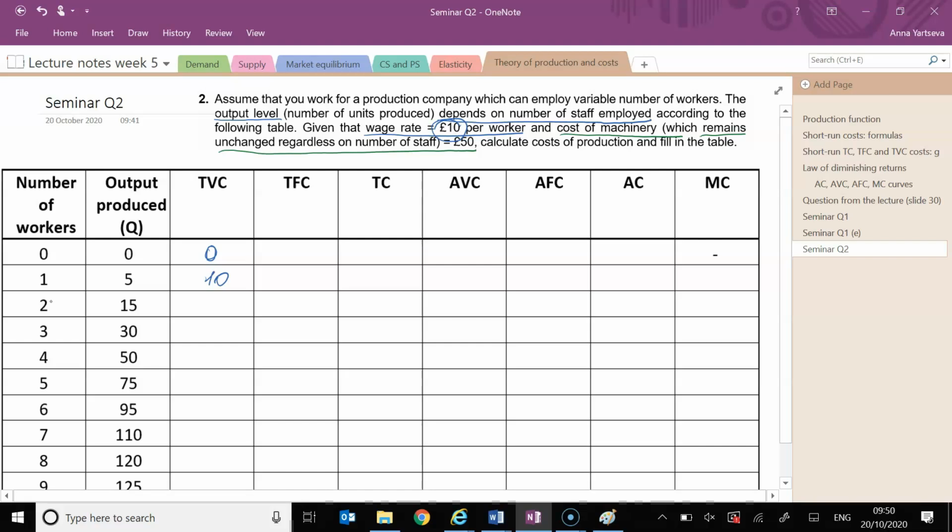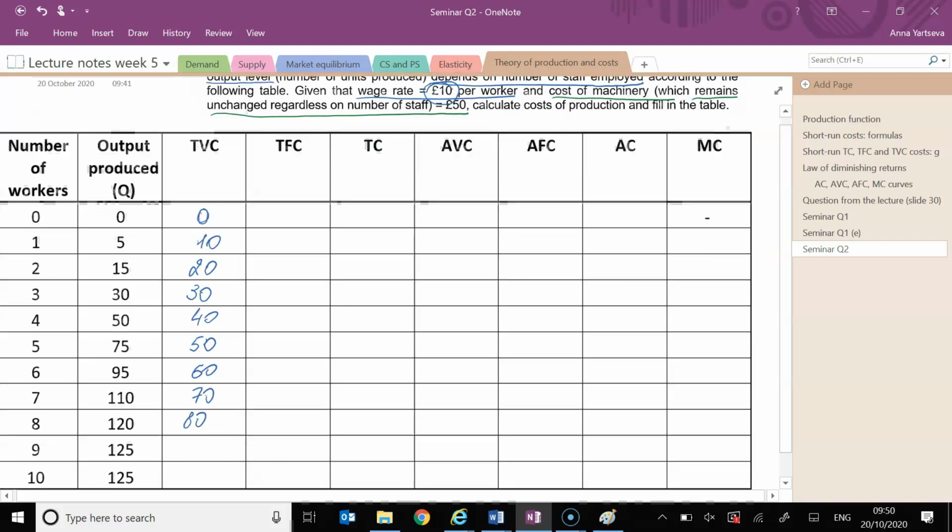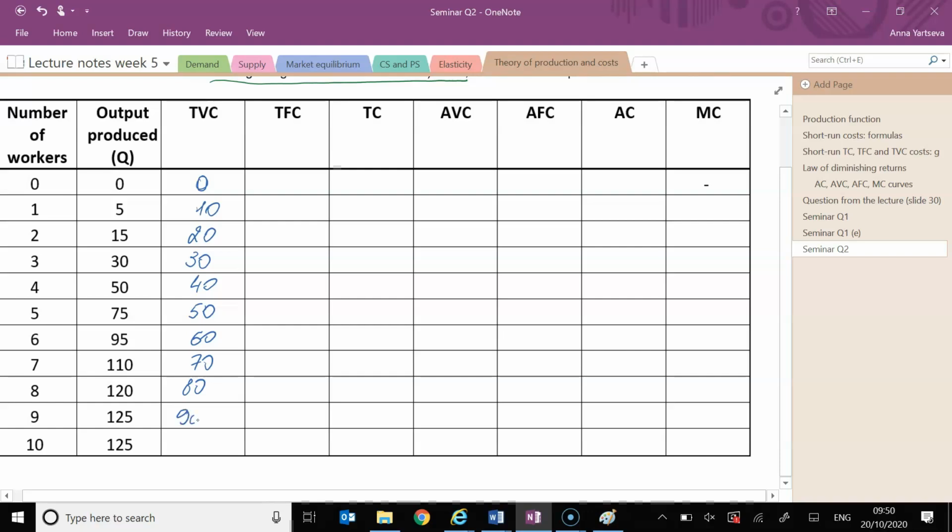When we hire 2 workers, it will cost us 20 pounds, 10 pounds each. 3 workers, 30 pounds. 4 workers, 40 pounds, and so on. This is how you complete the rest of the table. 40, 50, 60, 70, 80, 90 and 100. So our total variable cost will change with number of staff we employ. Does it make sense?